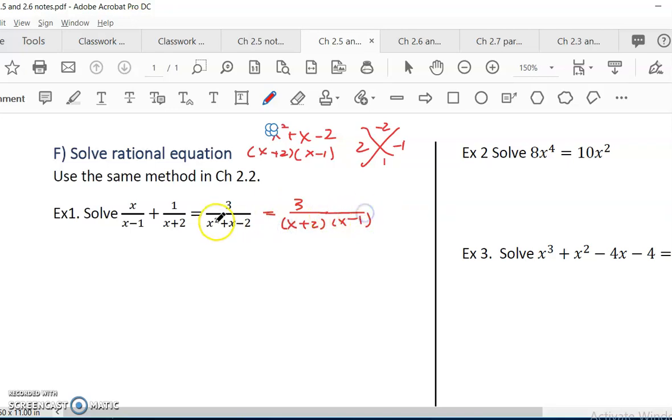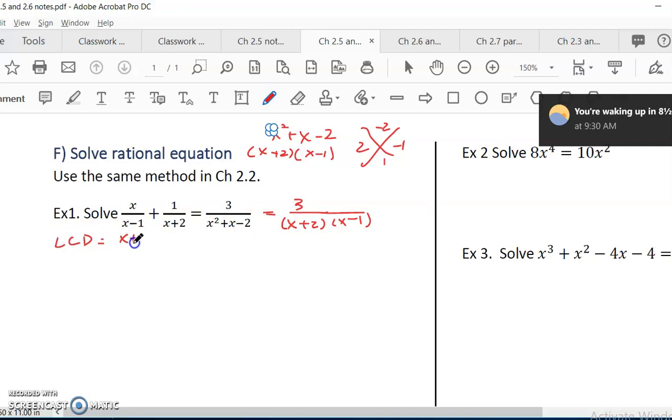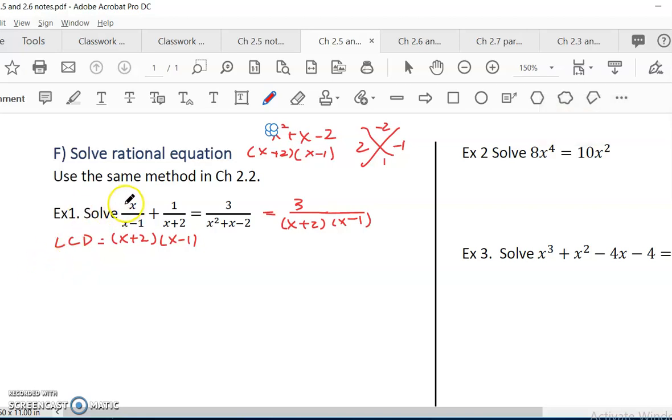Now, obviously, the LCD is all the common factors, right? So the LCD is x plus 2, x minus 1. So everybody converts to this. So this would be converted as x times x plus 2 over x minus 1, x plus 2.